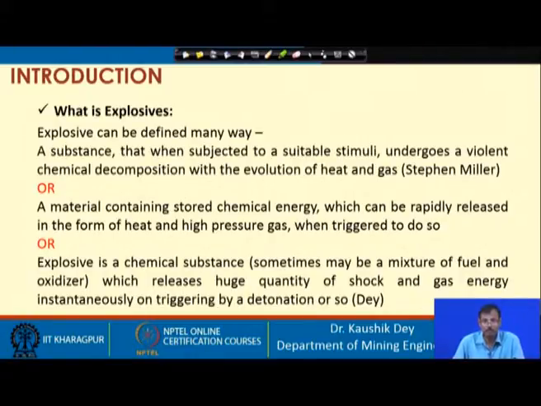In fact, nowadays people are trying to invent explosives in such a manner that the gas quantity and heat quantity may not be that much, but the shock quantity should be significant. So, one property of the explosive should be that it should release shock. Apart from that, it may release gas energy and heat also, but all these things should be released instantaneously.